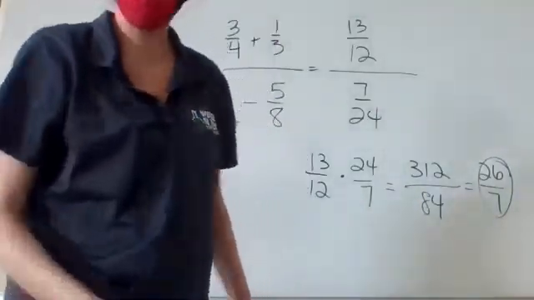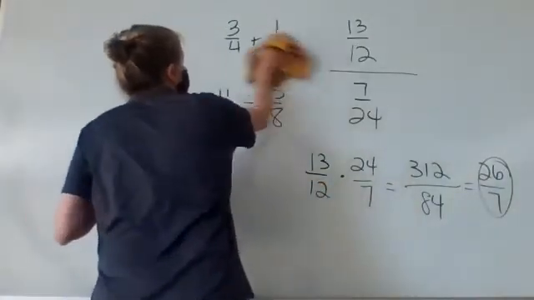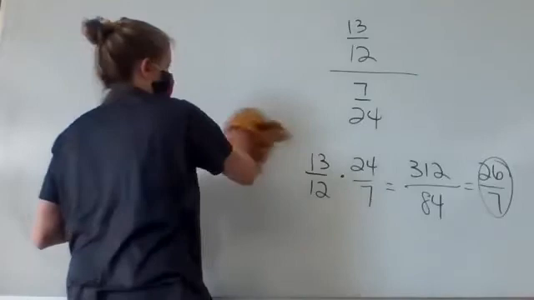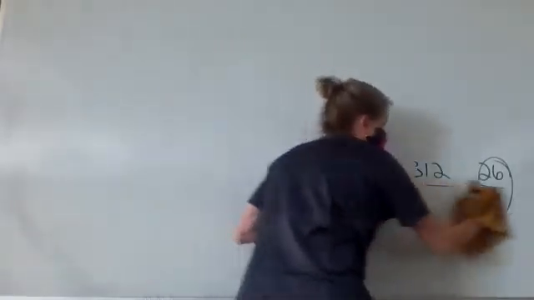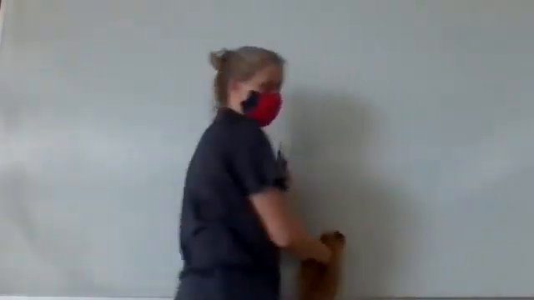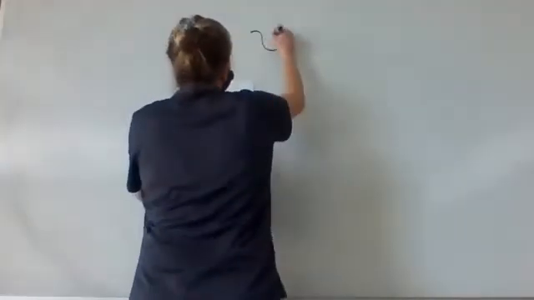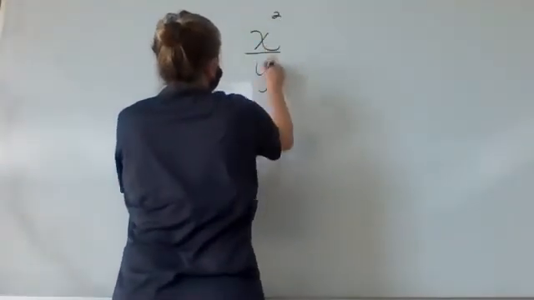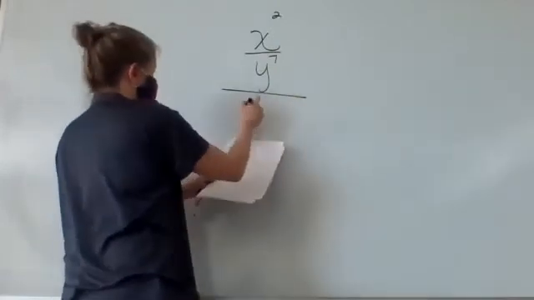All right, number 8, I'm going to use the same rules that I'm using here. I don't even have to do the first step because it already is one fraction over one fraction. Just letters. X squared over y to the 7th over y to the third over x to the sixth.